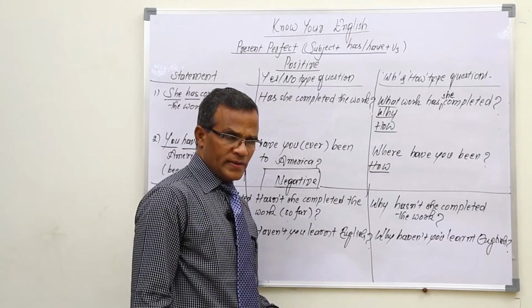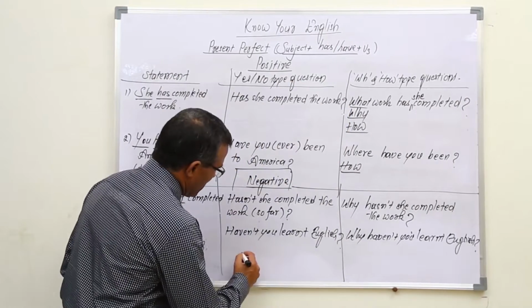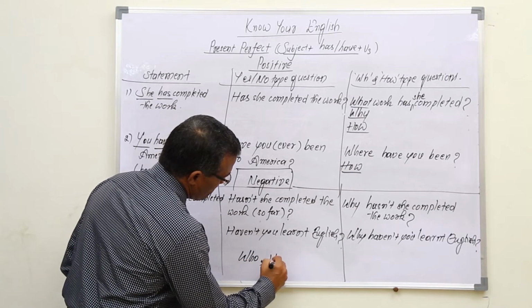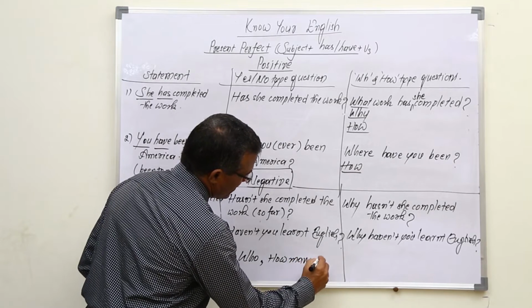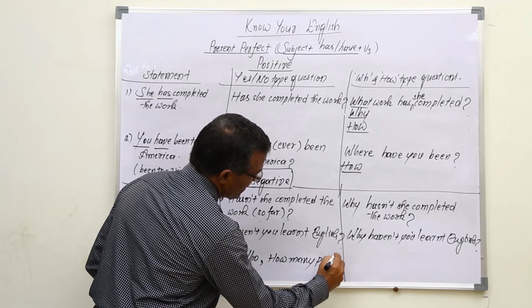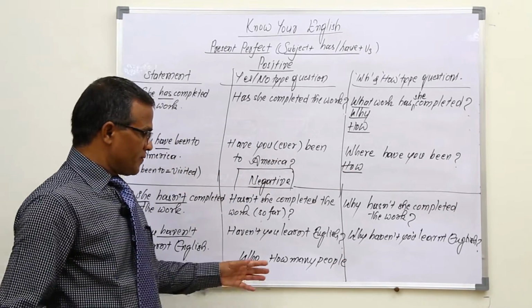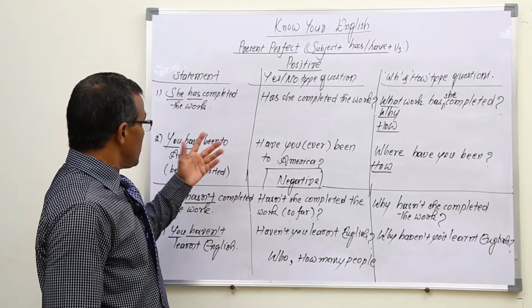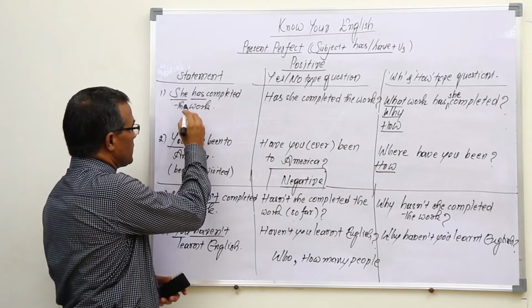Is the question. Okay? And in the case of who and how many people, the question system is different. We have already seen this in present continuous. In the case of the question with who and how many people, we have to go back to our statement only. For example, you see, she has completed the work.